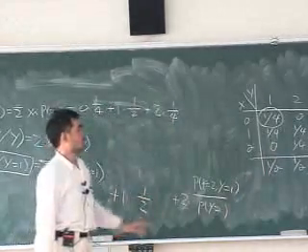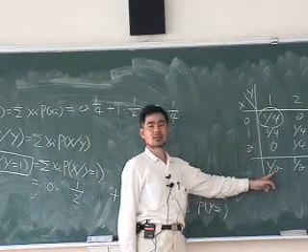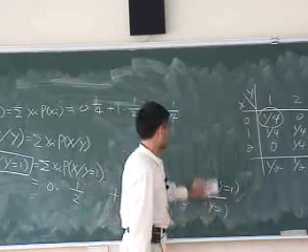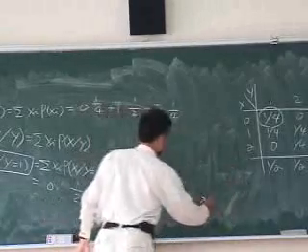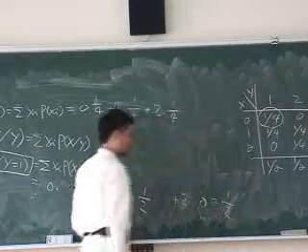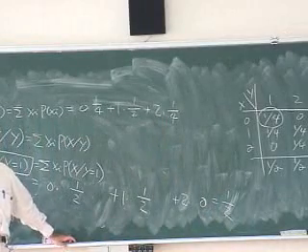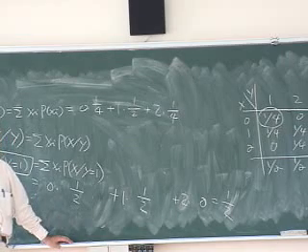What about the third one? 0 divided by 1/2, so what is this equal to? 0. So then it is equal to 1/2.